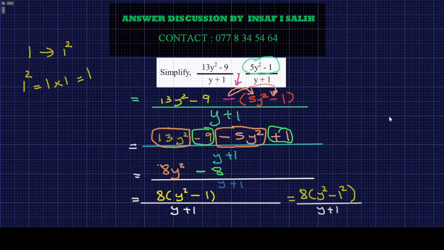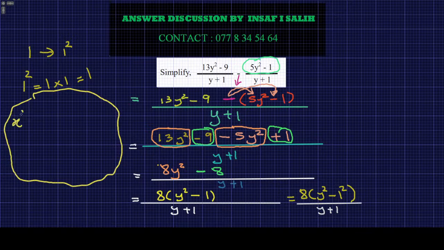Now, how can we factorize? You all know how to factorize a difference of 2 squares. Check whether you can recall this rule. When it comes to factorizing, we know x squared minus y squared. What is the factorized form of this? We put 2 brackets.